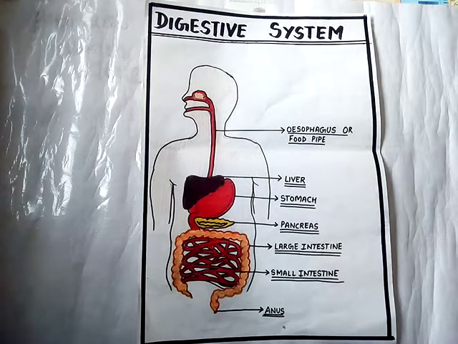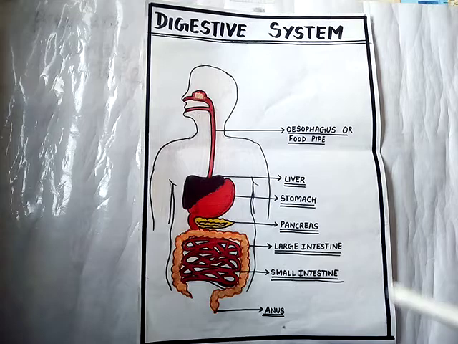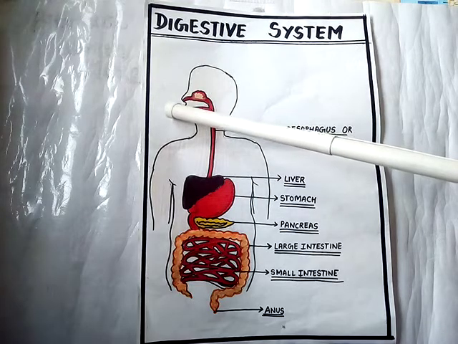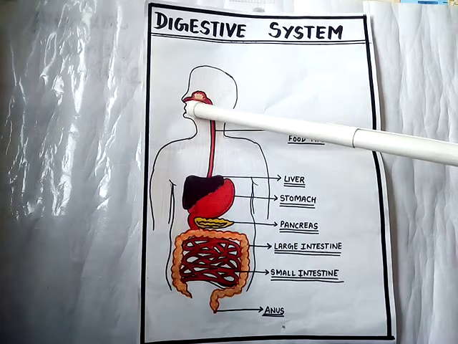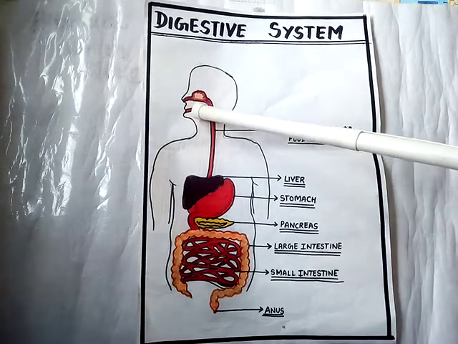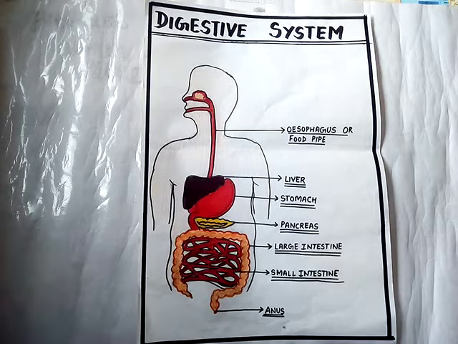So, let's talk about different parts in our digestive system. The food is taken in through the mouth and it goes into the oral cavity, also known as the buccal cavity. In the buccal cavity or oral cavity, teeth, salivary glands and tongue are present.